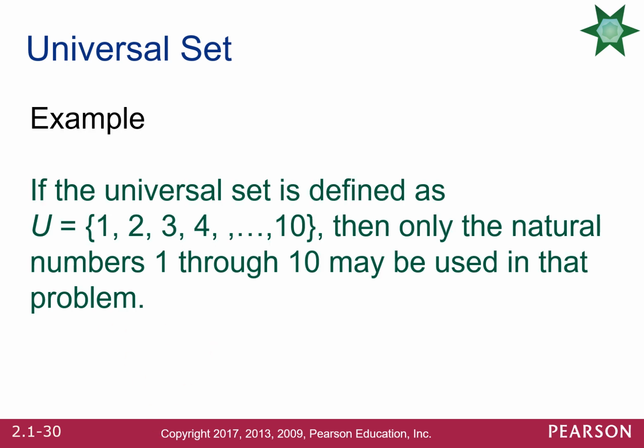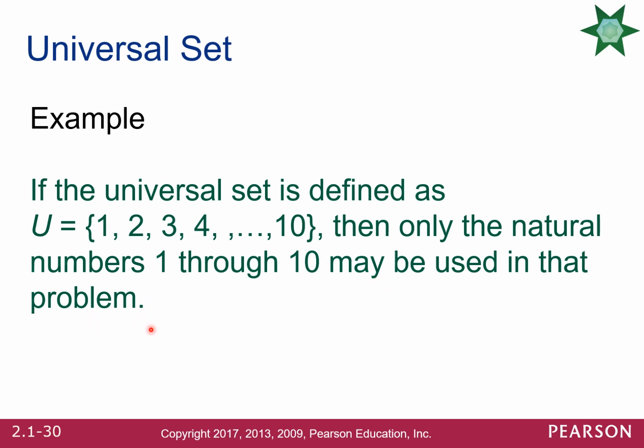So looking at an example of a universal set, we have here a universe defined as U equals the numbers 1, 2, 3, 4 up to 10. If this is the definition of the universal set, then only the natural numbers 1 through 10 may be used in that problem.